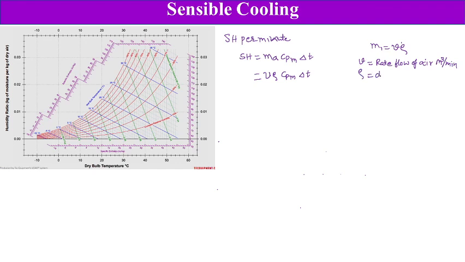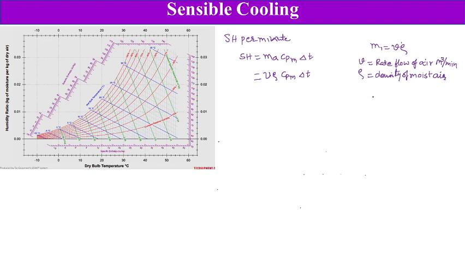It is density of moist air, and that is generally 1.2 kg per meter cube of dry air at the standard NTP, that is 20 degrees Celsius dry bulb temperature and 50% relative humidity.